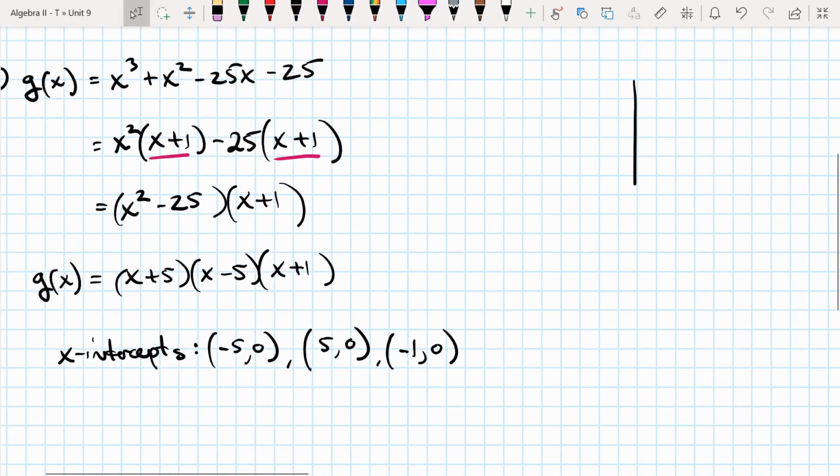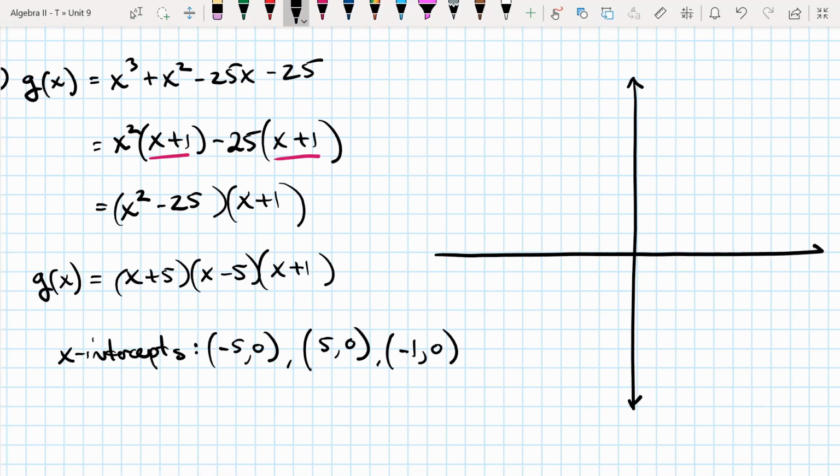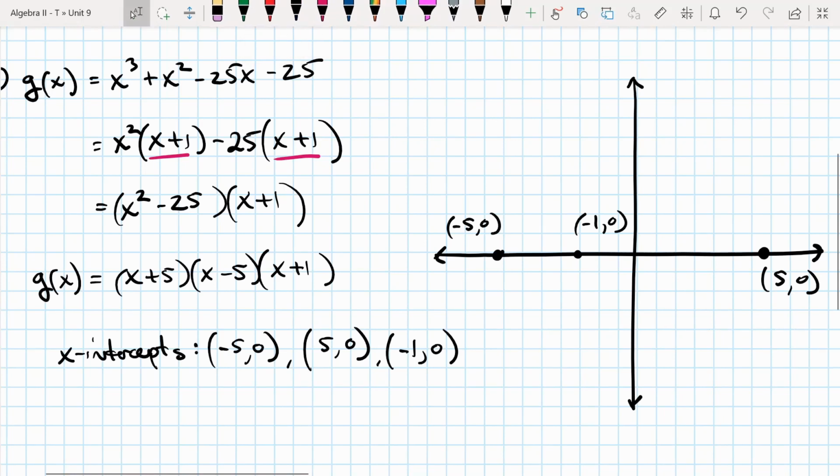Let me draw a coordinate plane over here that has those values located at the x-axis. So negative 5 comma 0, negative 1 comma 0, and then 5 comma 0. This is not going to be perfect, but as long as it's somewhat accurate, that's what we're looking for. Okay, the y-intercept. There's only going to be one of them.